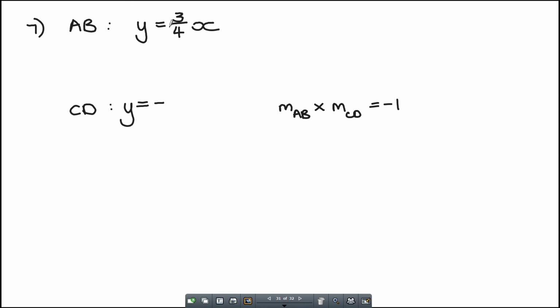And then I use the reciprocal. So 3 over 4 becomes 4 over 3. And then plus c. Now let's look at where you cut through the y-axis. At 5. So your final equation would be minus 4 over 3x plus 5.